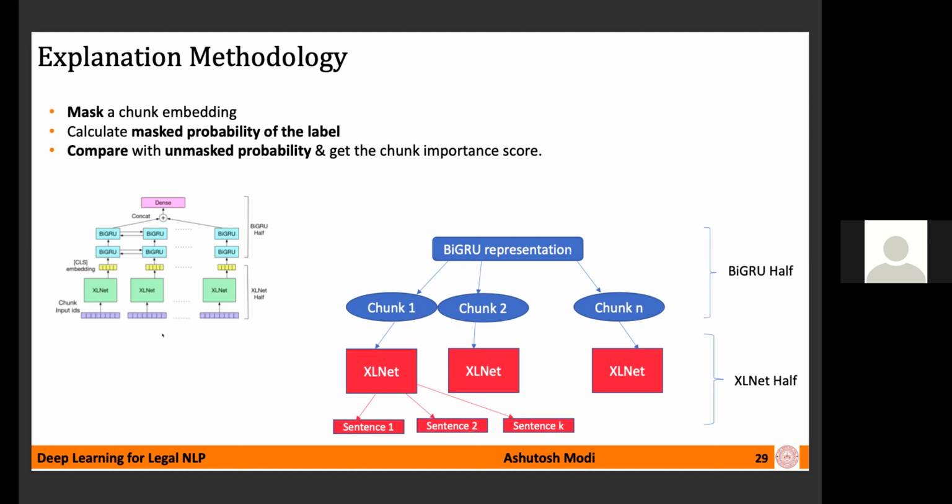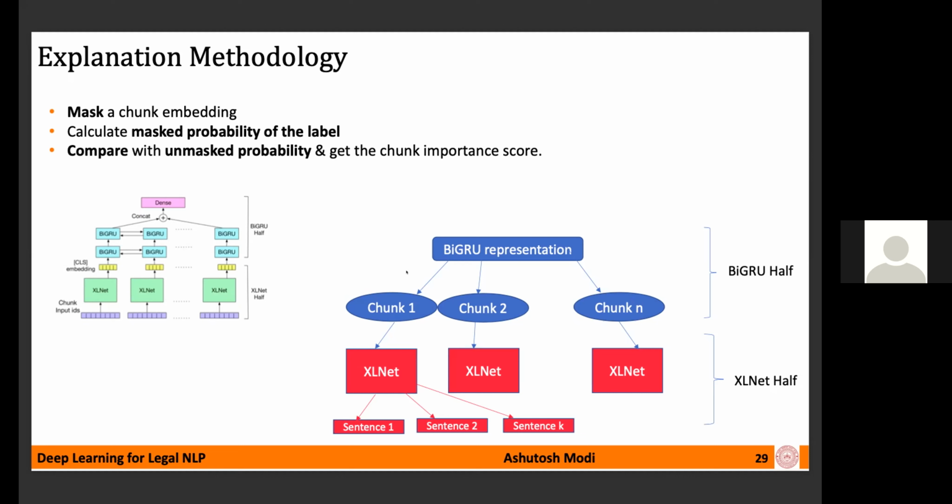Basically, we do it at two levels. Since our model is hierarchical, with two levels, a Bi-GRU half and an XLNet half, we do this representation erasure at two levels. For the top model, the Bi-GRU, we have the Bi-GRU representation of the document, and we calculate the relevance scores of each chunk using the procedure I just described.